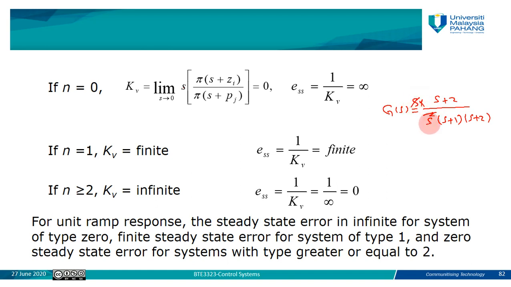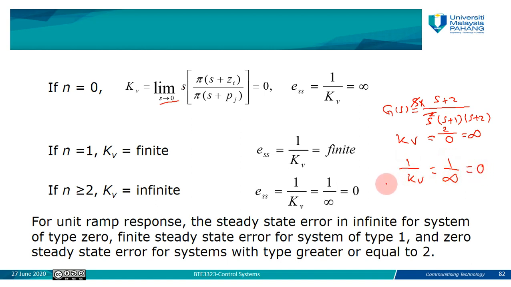If you still have one s in the denominator, and you put s equal to 0 because you want to apply the formula with s going to 0, your denominator becomes 0, and the numerator is a constant, for example 2. So 2 over 0 will be infinity. If the value of kv equals infinity, then 1 over kv equals 1 over infinity, so it becomes 0.